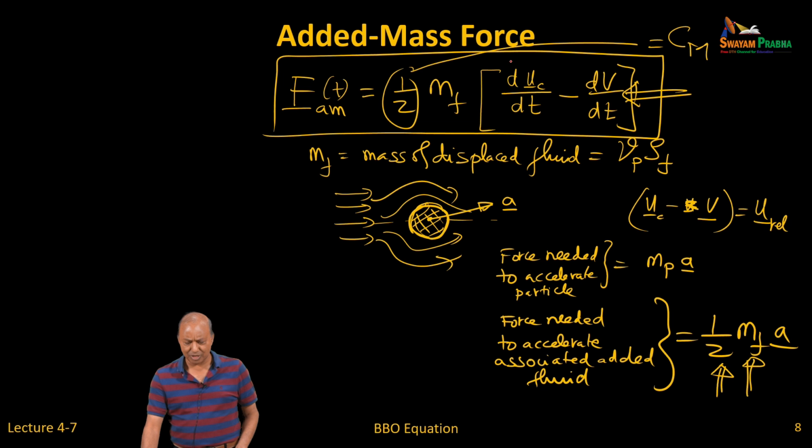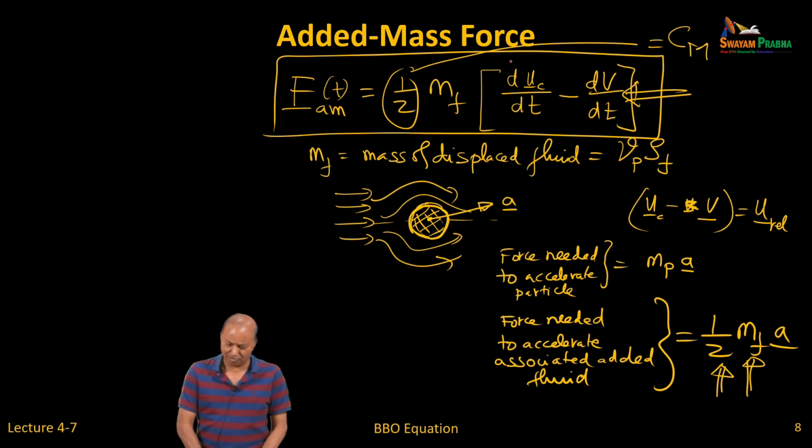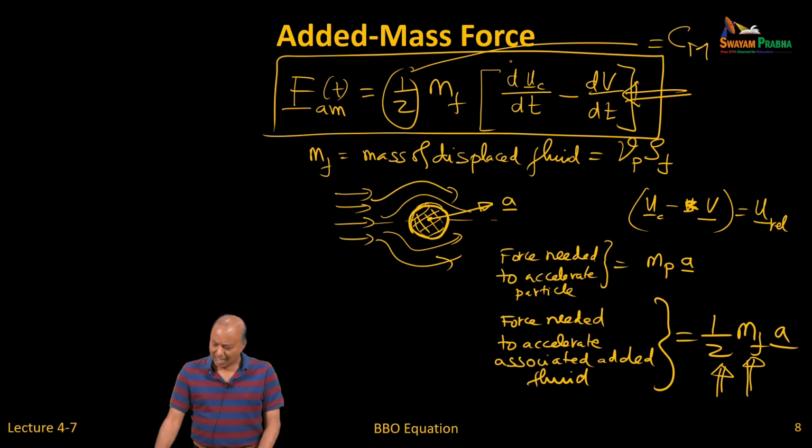Now, I wanted to think in terms of the added mass force. The added mass force has this form. Again, it's in Galilean invariant form. So you care about how the fluid is accelerating compared to the particle.